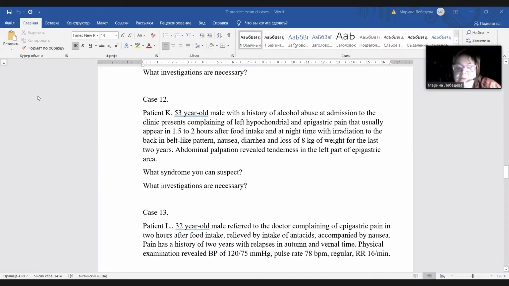bowel sounds are good, we can start with ultrasound investigation. Complete blood count to see the level of inflammation. Ultrasound investigation will give us the condition of abdominal cavity, excess gas, fluid, the sizes of organs, and their peculiarities. For example, damage of liver, of spleen, the diameter of portal vein.